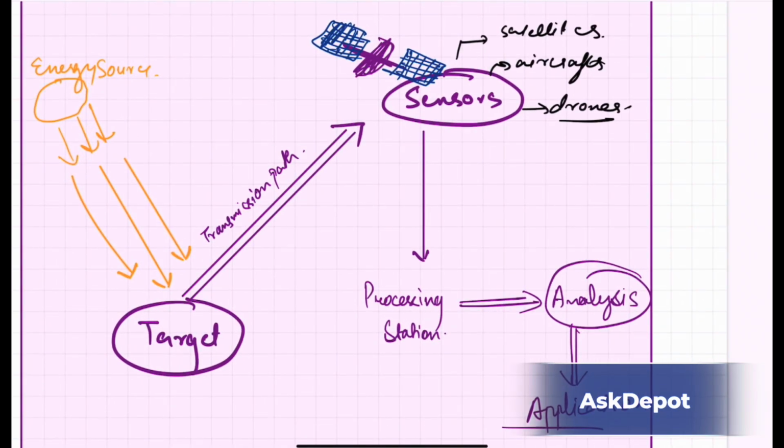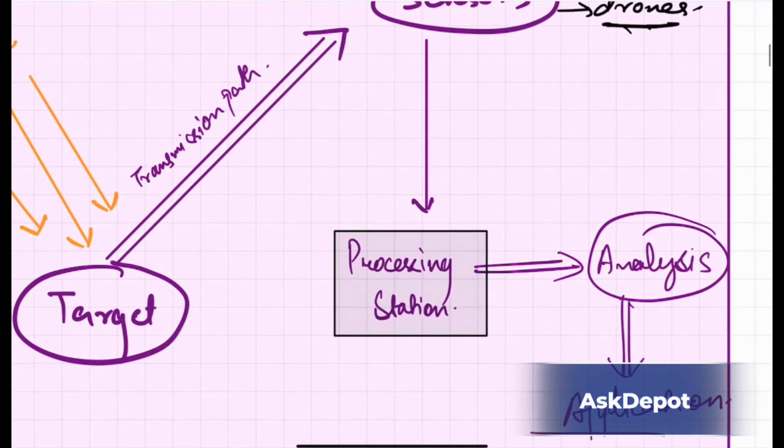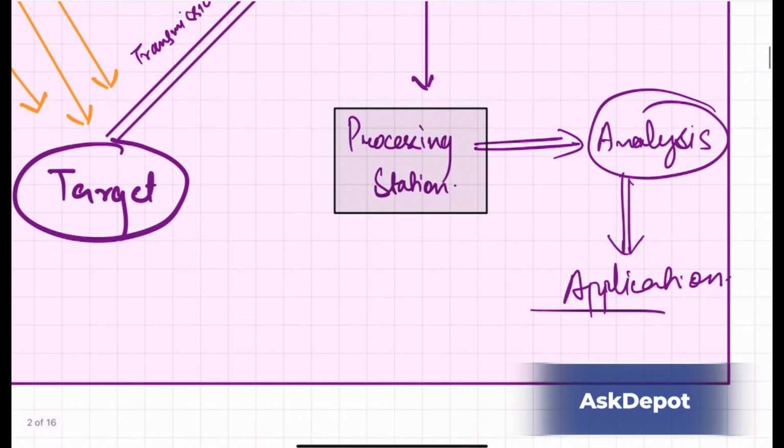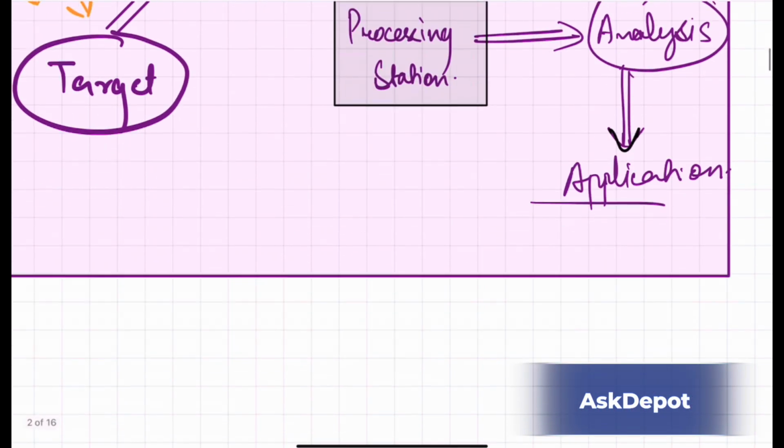Once all the radiation is received by the satellite, it will do the processing. There will be a processing station with computers and other devices. They will analyze this data, and then put it into the application.